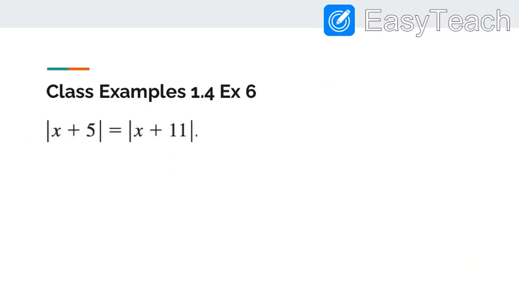Alright, so we're going to use that idea to solve this one. So here we would have x plus 5 is equal to x plus 11, and we would have x plus 5 is equal to negative x plus 11.